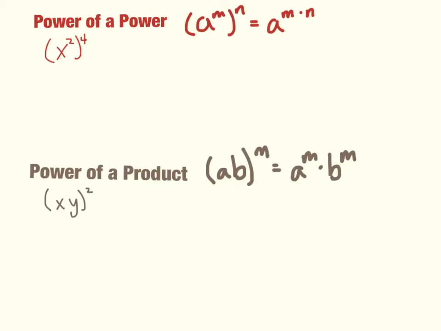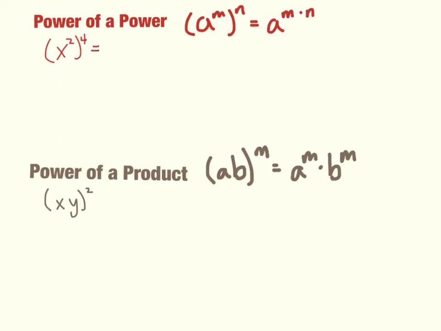Okay, so the next property that we're going to look at is the power of a power property. It says that if you have a to the m and all of that to the n, that's equal to a to the m times n. So you just multiply the powers. Now, let's see why that works. X squared to the fourth.